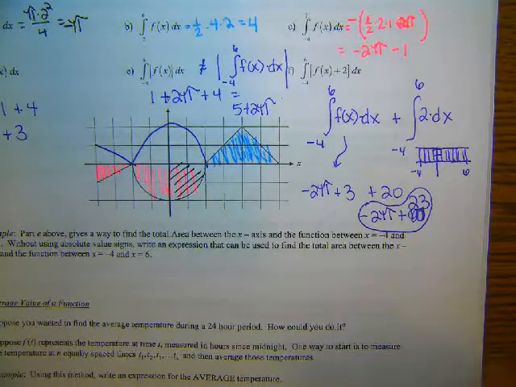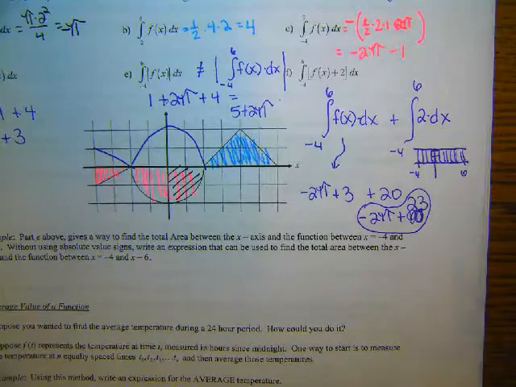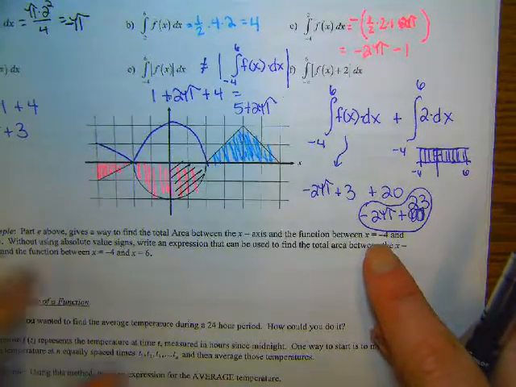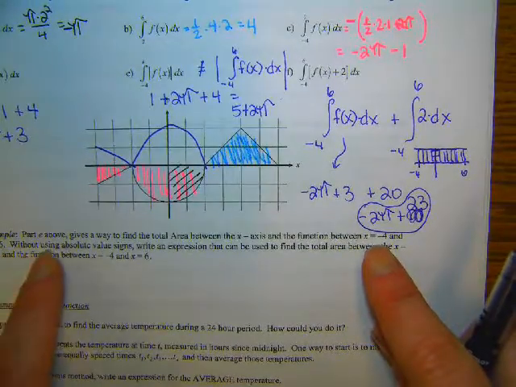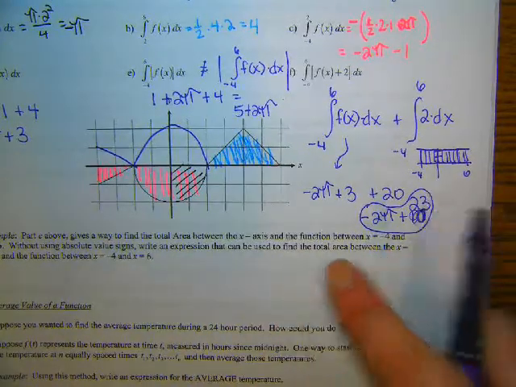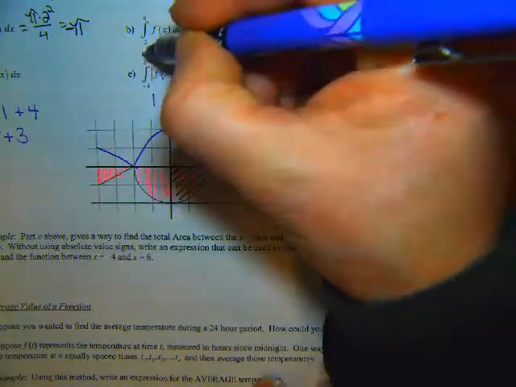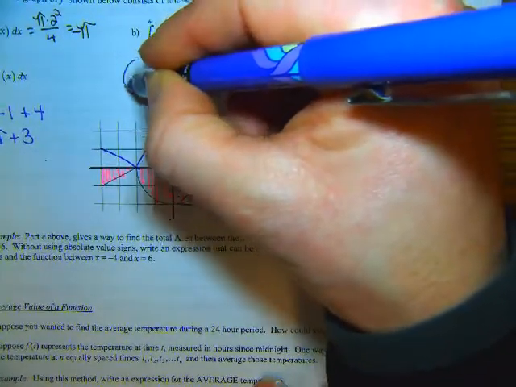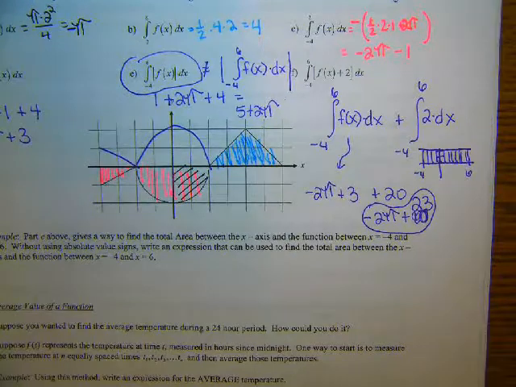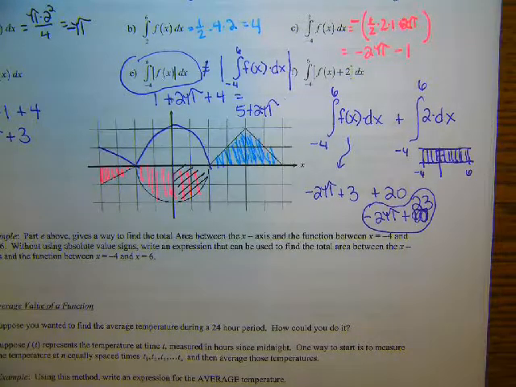Now, part E above gives a way to find the total area between the x-axis and the function between -4 and 6 without using absolute value sign. Write an expression that can be used to find this area. Okay, so can somebody basically tell me another way to do that without absolute value signs?